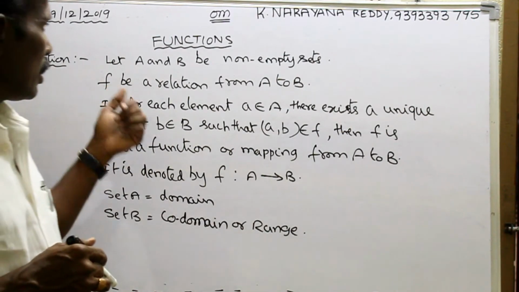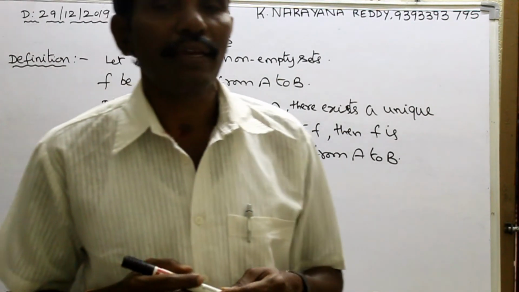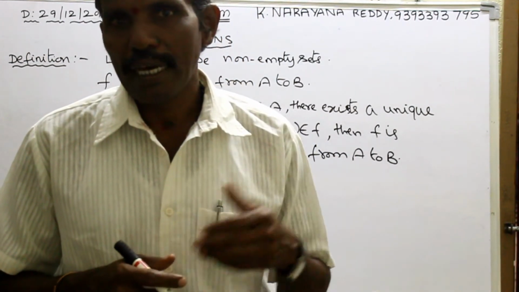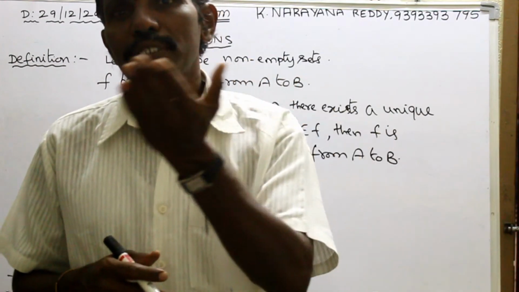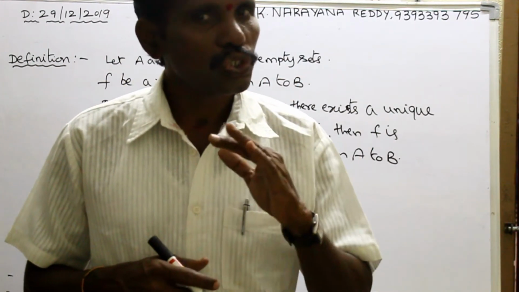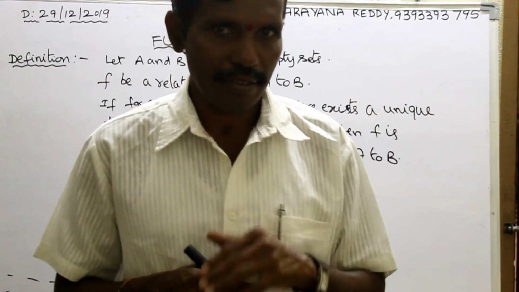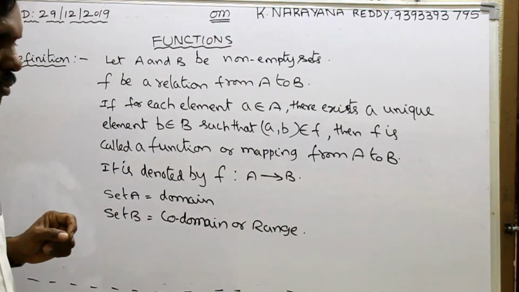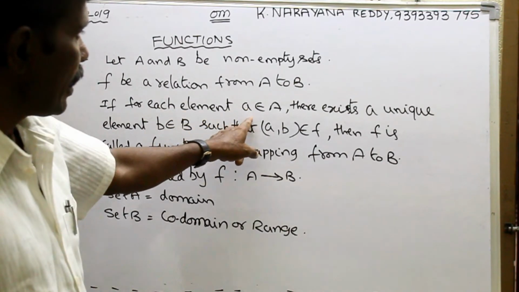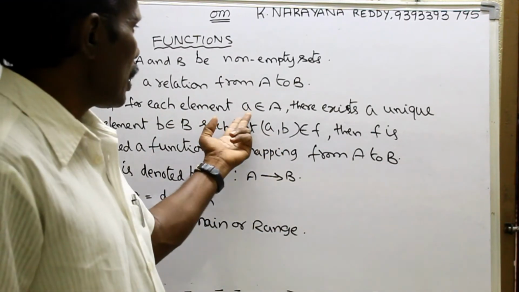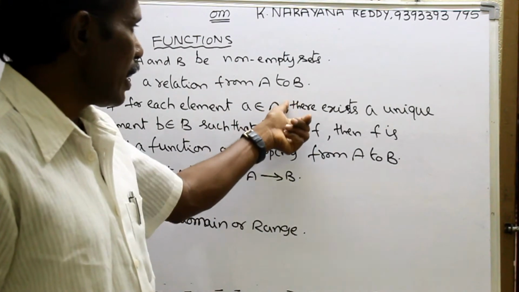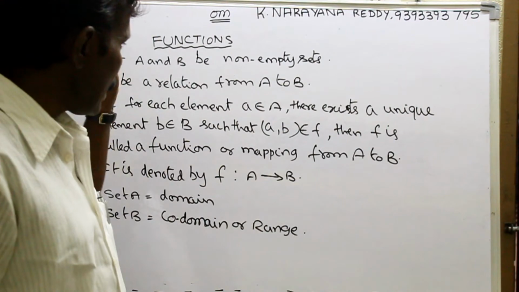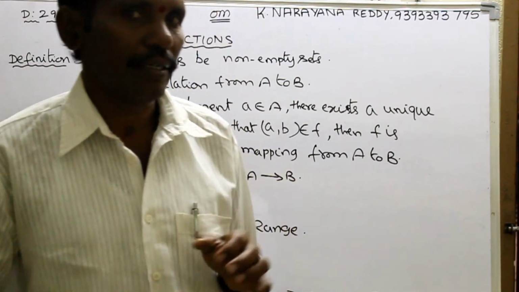Next one is, let F be a relation from A to B. Relation is nothing but mapping the elements in set A to elements in set B. That's all. So that is mapping, that is relation. That is F. For each element a belongs to A. This is set A. So for each element, please observe carefully.